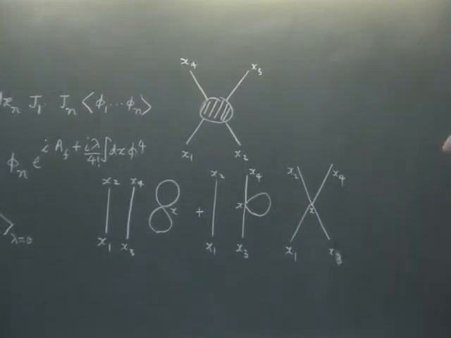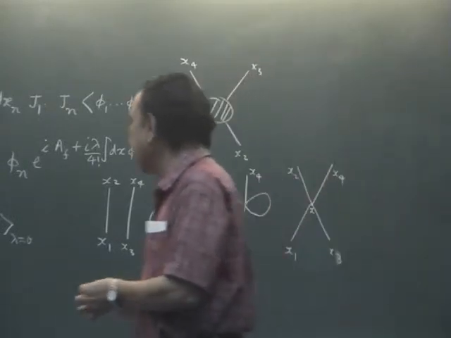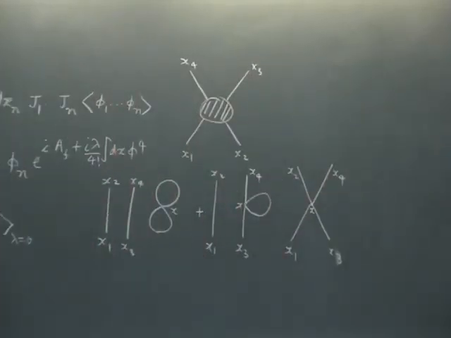So what is the amplitude for this? This is what we want to compute. So what would be the amplitude? We can immediately write it down. The term which we are interested in will be i lambda upon 4 factorial, integral d4x.